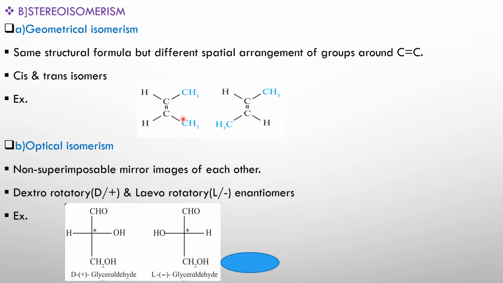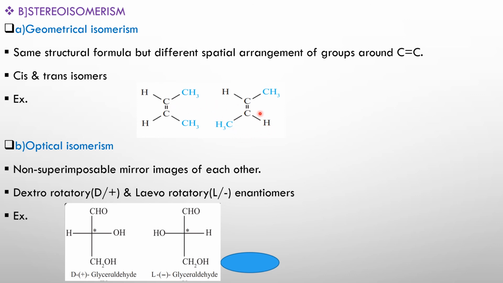Such an isomer, or geometrical isomer, is called the cis isomer. In the second case you can observe the methyl groups on the two carbon atoms are on opposite sides, on different sides. So around the carbon carbon double bond, the methyl groups, that is similar groups, are present on opposite sides, and such a geometrical isomer is called the trans isomer.